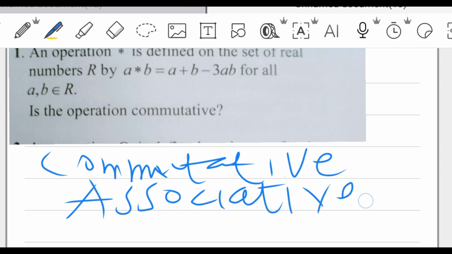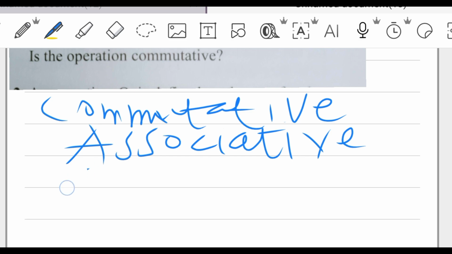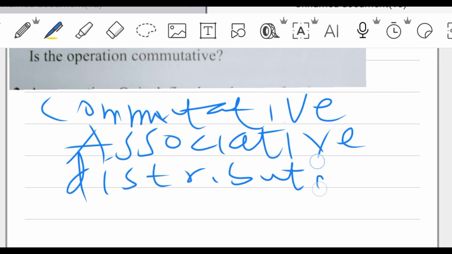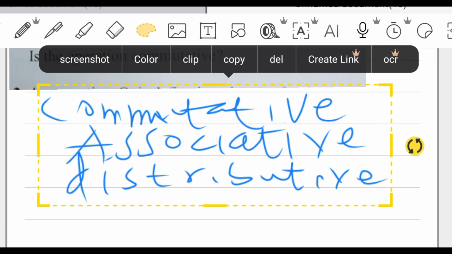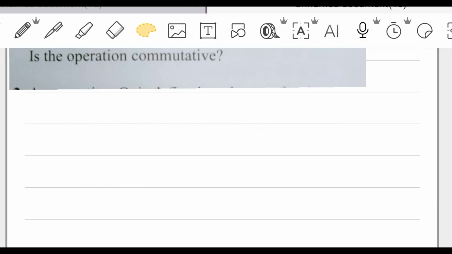Then we also have the distributive property. But in this tutorial, we will be looking at the commutative property.